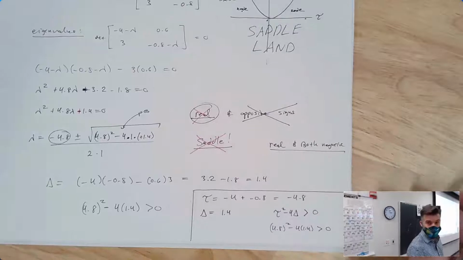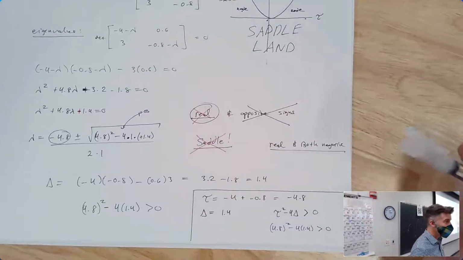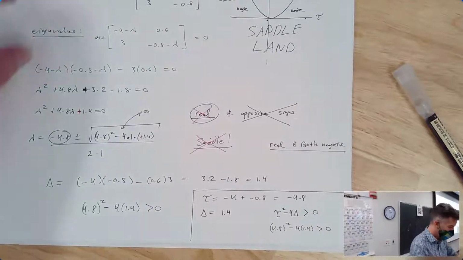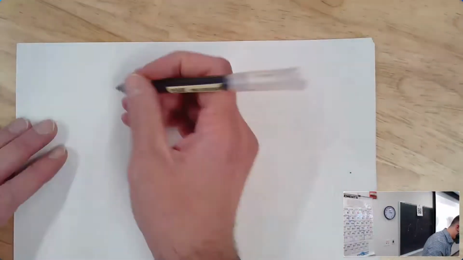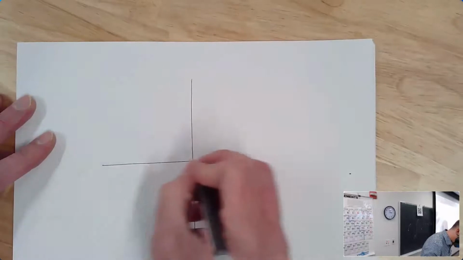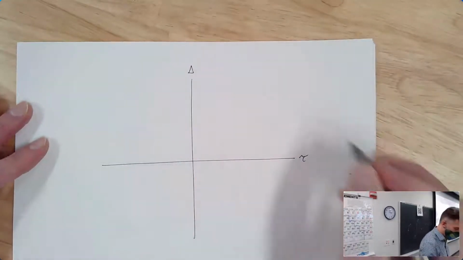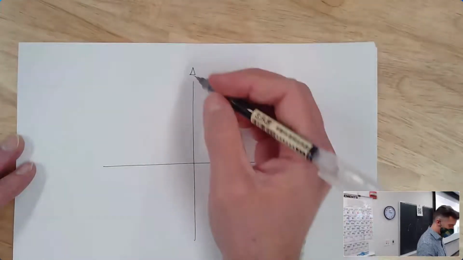So you're determining the equilibrium, you find the trace and then using that formula, do you have to square the trace? Yeah. So I'm going to draw it again just so you can see it better. On the y-axis is my determinant.